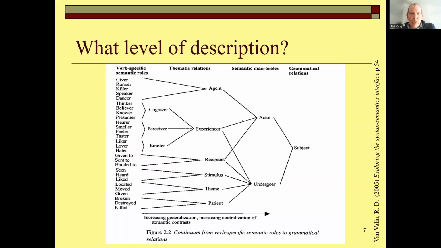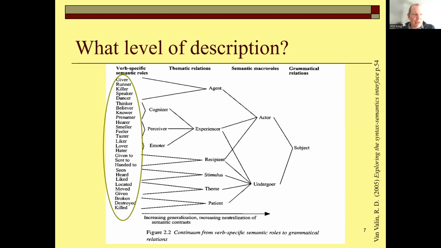Now, there's a question when we're thinking about the semantics of participants involved in a particular state of affairs. We can think about this at different levels of granularity, different levels for describing what's happening. For example, we could choose some very specific semantic roles based just on the particular verb.